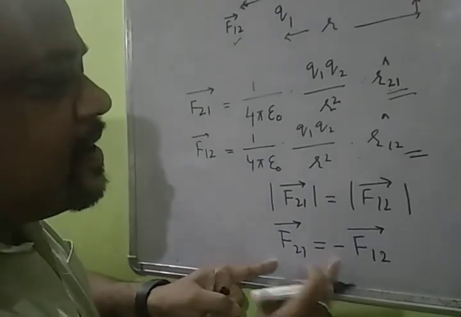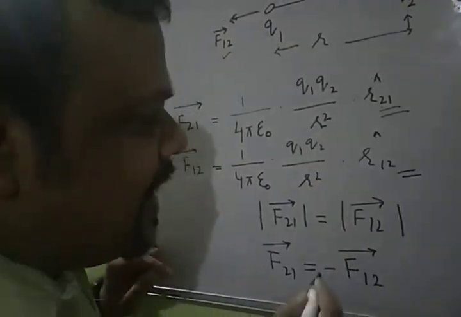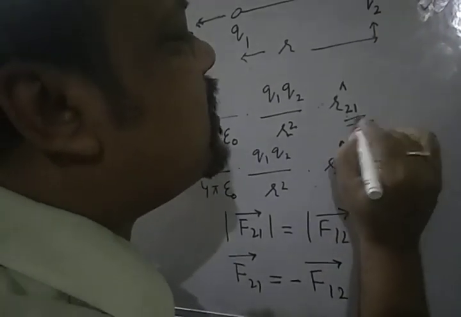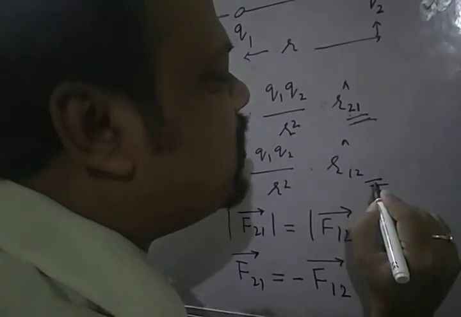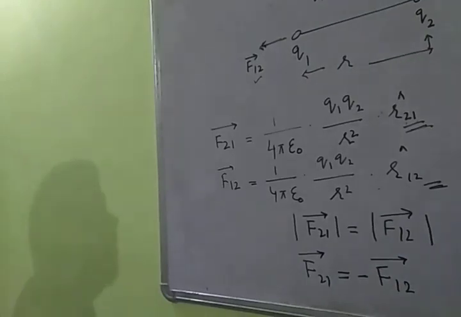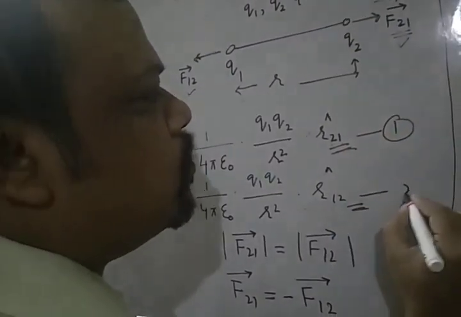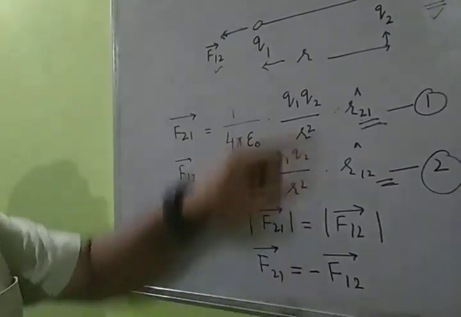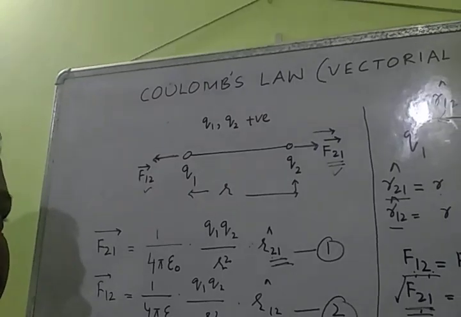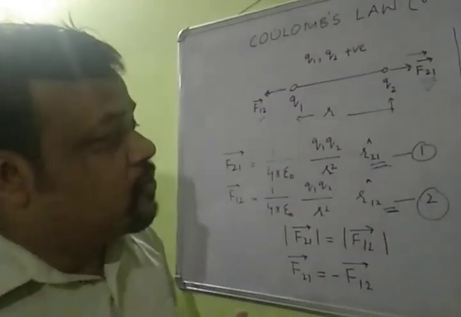Why does this negative sign come? Because the magnitude is the same, and this negative sign arises due to the fact that position vector R21 and position vector R12 are equal and opposite in nature. So both expressions 1 and 2 can be expressed as Coulomb's law in vectorial form. So you must have an idea of magnitude and direction. Don't forget, force is a vector quantity. Right? Force is a vector quantity.